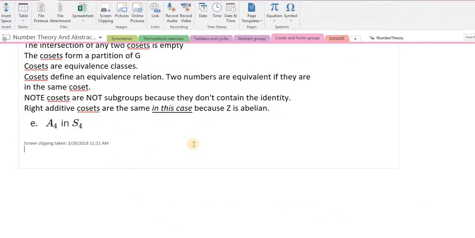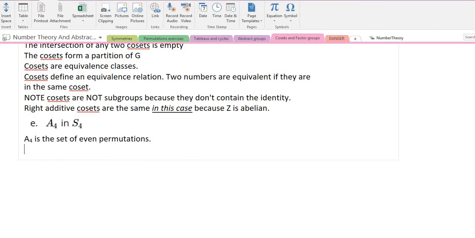A4 and S4. Now A4 is the set of even permutations. Okay. How do you know that? That's the definition of A4. Oh, it said in the problem. It says in the problem.